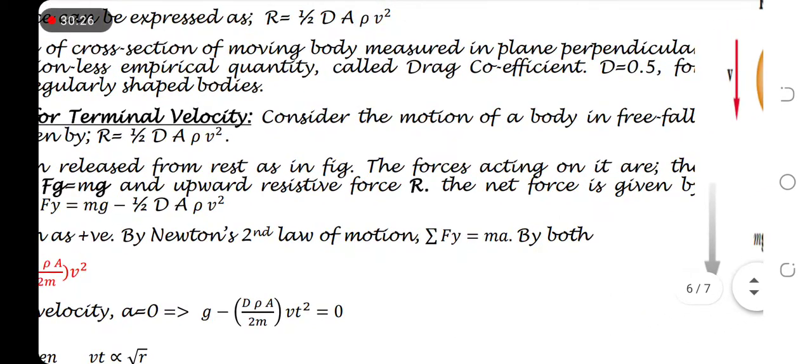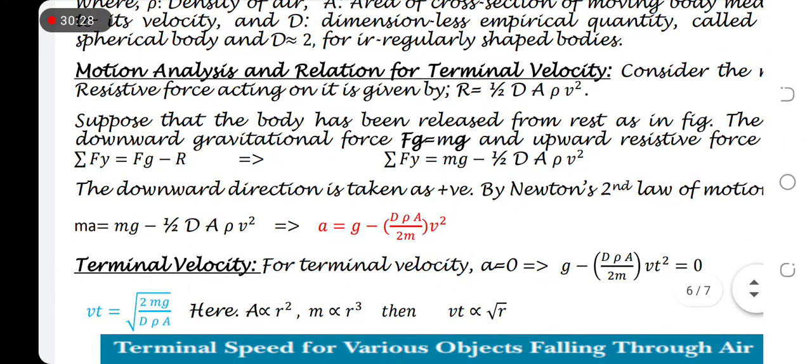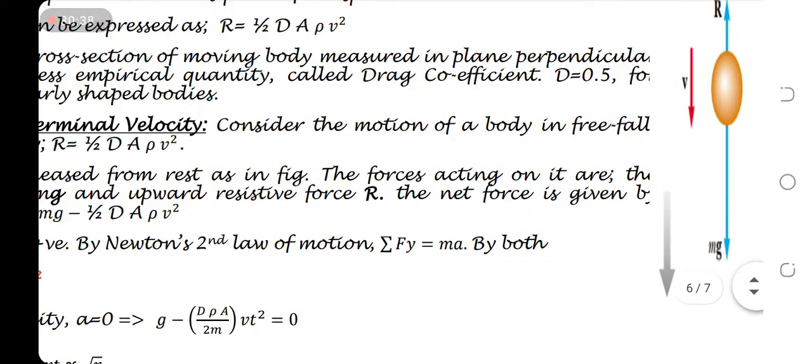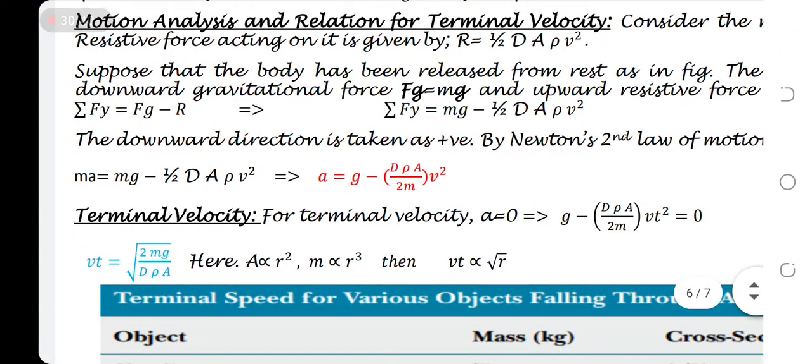The forces acting on it are the downward gravitational force Fg equals mg and the upward resistive force R. The net force is given by sigma Fy equals Fg minus R, where putting in the values, sigma Fy equals mg minus 1 by 2 D A rho v square.